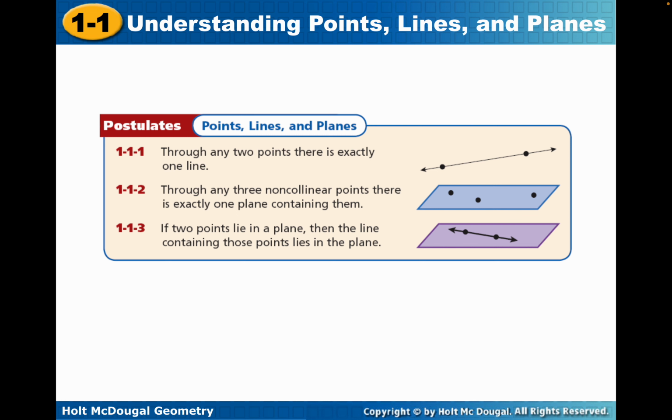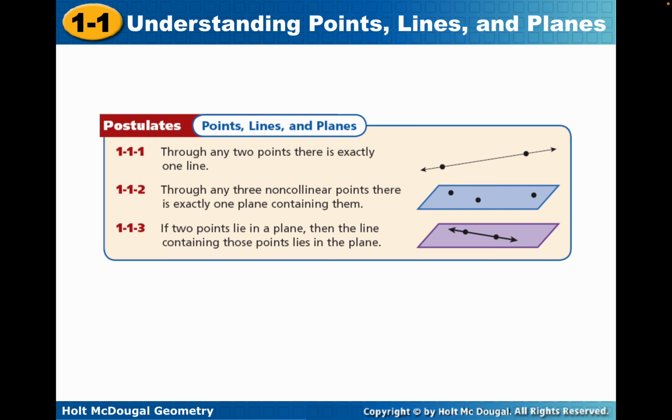Through any 3 non-collinear points, there's exactly one plane containing them. So if there's 3 points in a plane, and if 2 points lie in a plane, then the line containing those points lies in the plane, okay? So we have the 3 non-collinear.